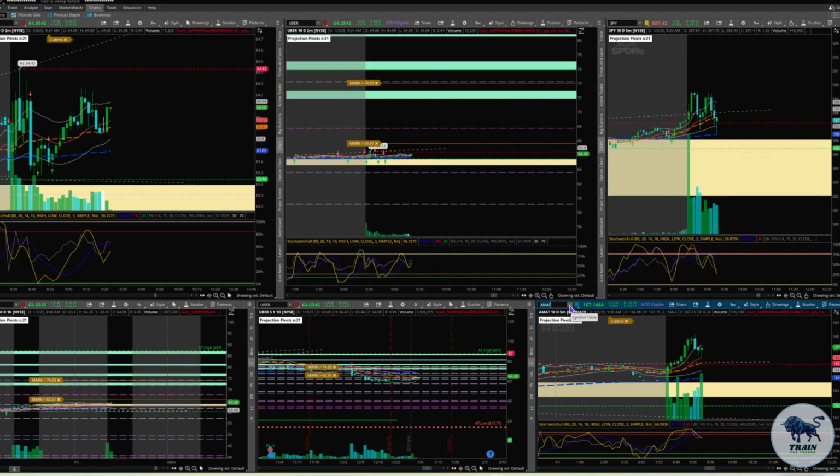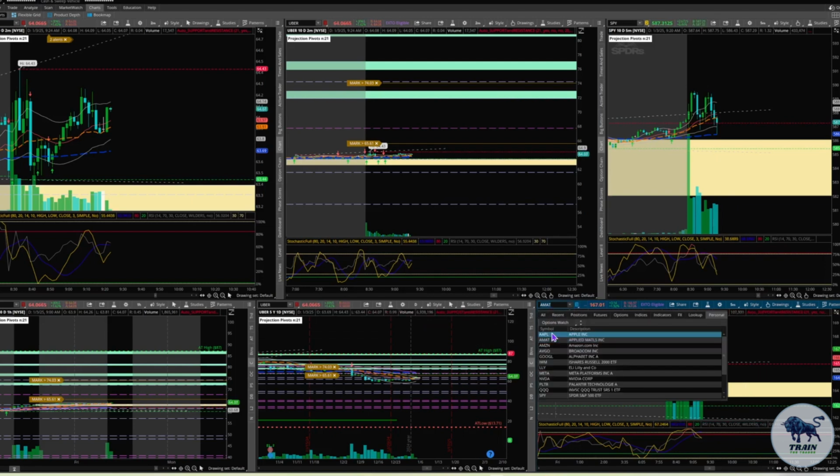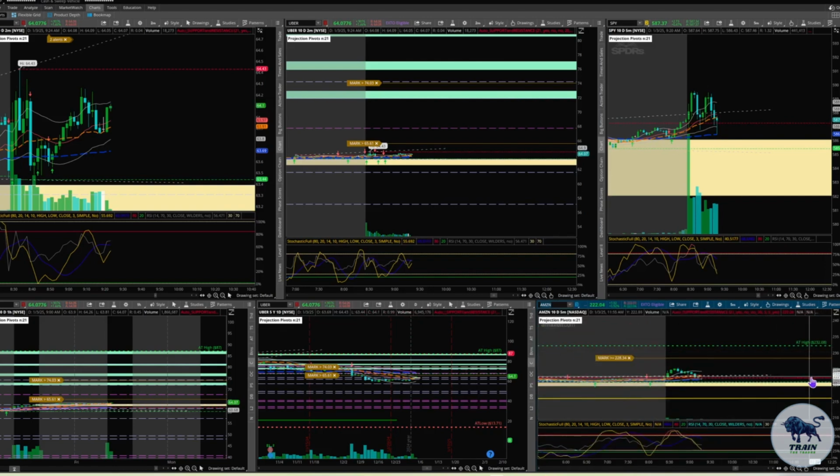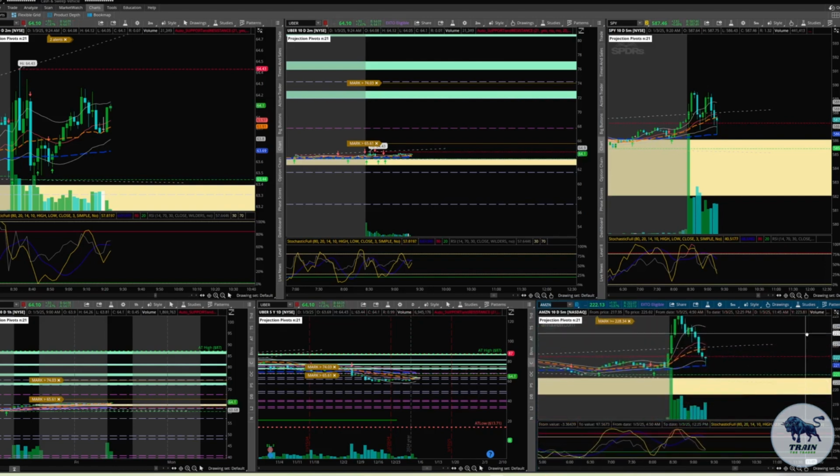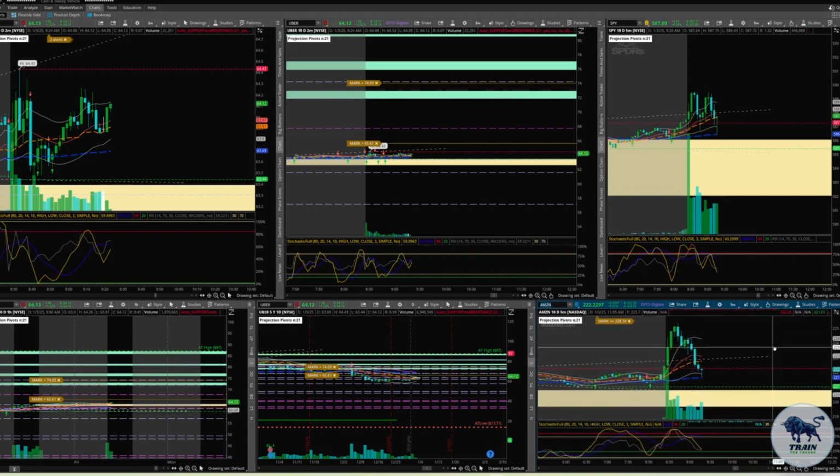So my order won't get filled unless it drops back down a little bit and fills at that 1.79. We might get it here though. Maybe.